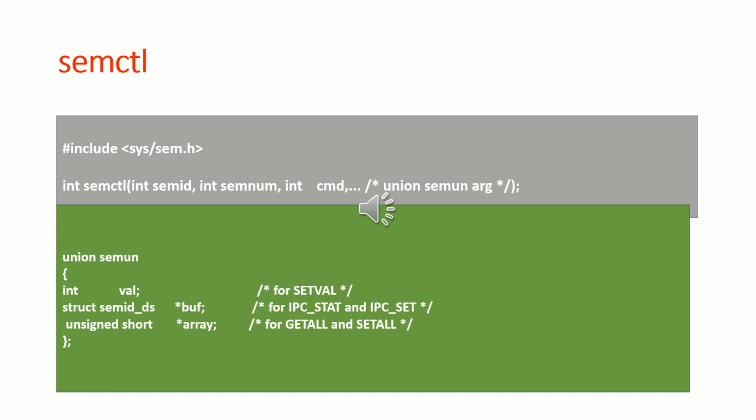Note that the optional argument is the actual union, not a pointer to the union. The cmd argument specifies one of the following 10 commands to be performed on the set specified by semid.